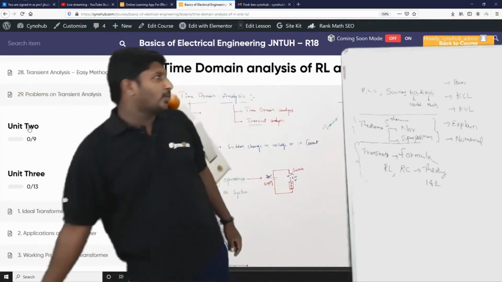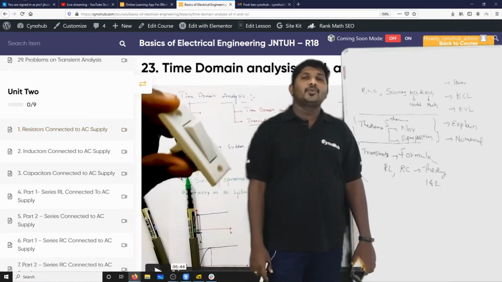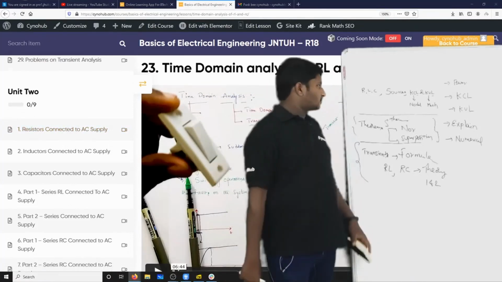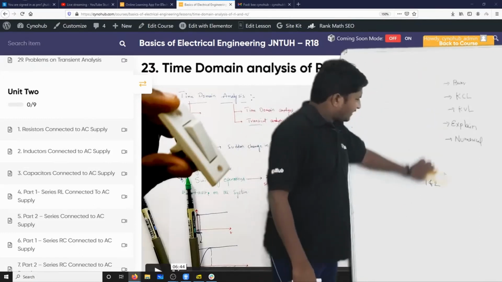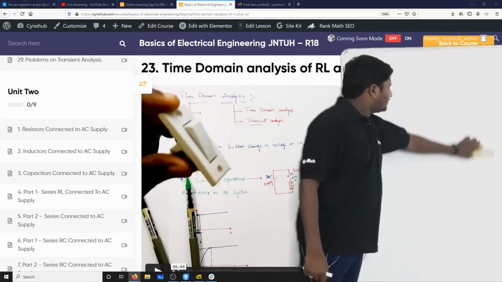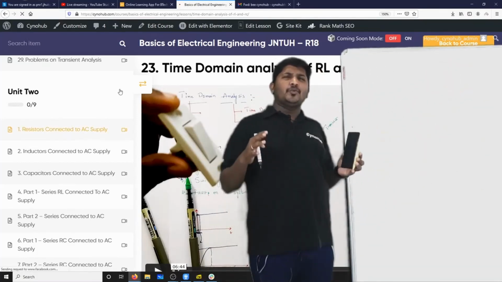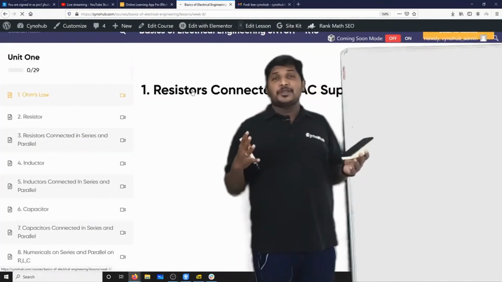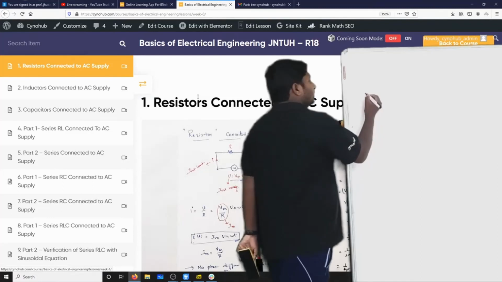Next is unit 2. Unit 2 has 3 parts. Maybe most of you will feel unit 2 is very difficult because of so many derivations and so many numericals.